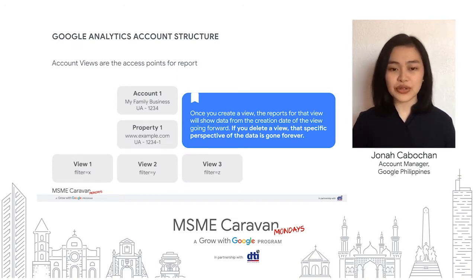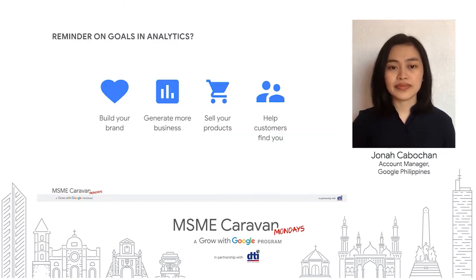So we've set up the account, we've set up the property, and now we'll need to create a view. So the view allows you to look at the different aspects of your business, and you can create multiple views as well. And at the end of the day, these are really the main goals that we want to help you with. We want to help build your brand, generate more revenue, help sell your products, and really make it easier for customers to find you.